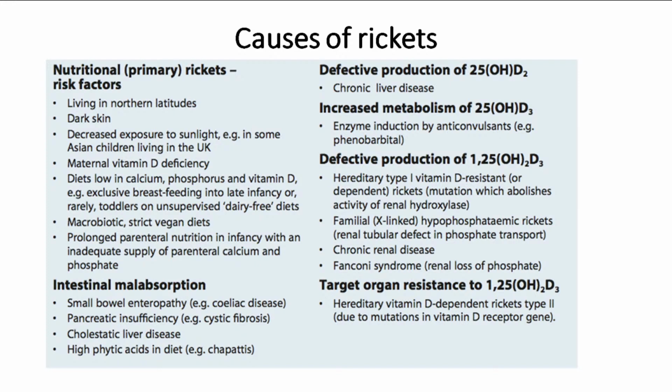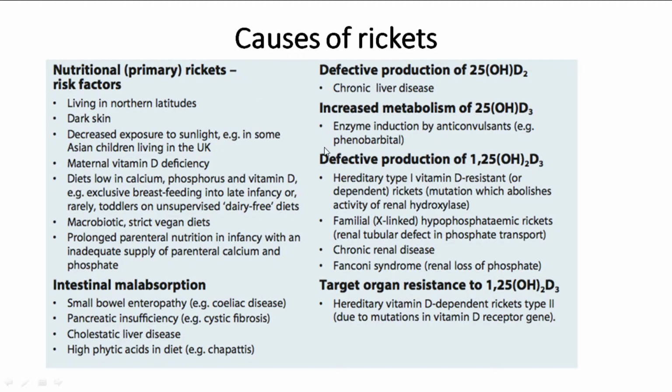The other group, defective production, it can be chronic liver disease, increased metabolism of vitamin D, enzyme induction by anticonvulsants, for example phenobarbital, or some medication for patients with seizures, which can also increase metabolism.